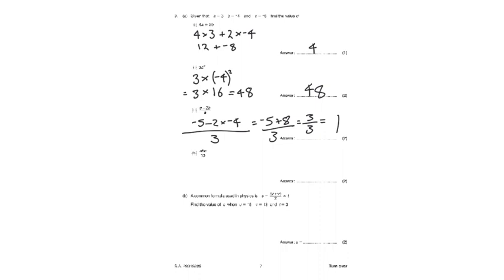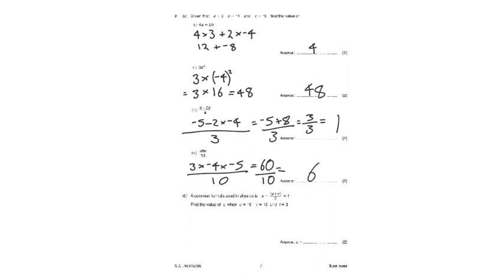Then ABC over 10, so that's A3 times -4 minus 5 over 10. -4 times -5 is 20, times 3 is 60, over 10 is just 6.